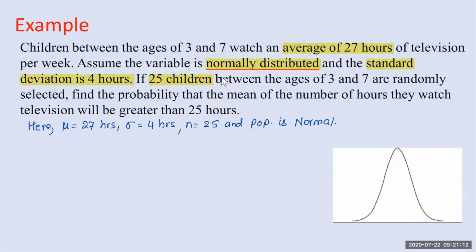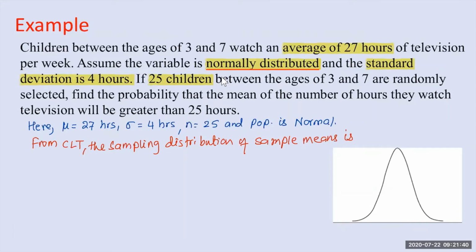Let's write this down. From the central limit theorem, the sampling distribution of sample means is normal.